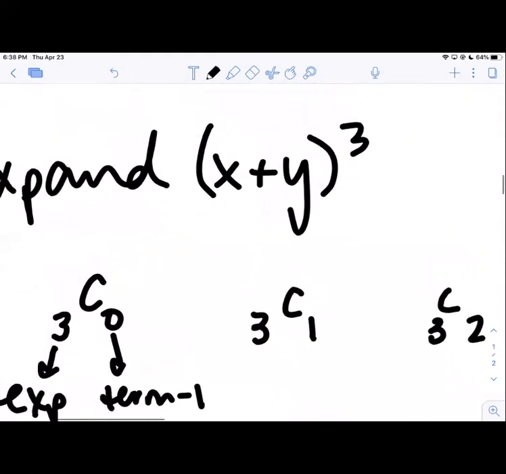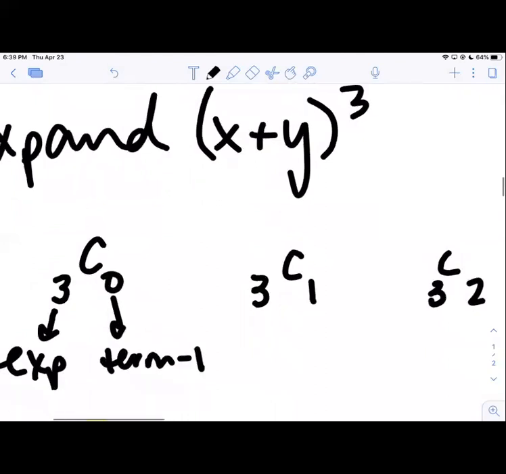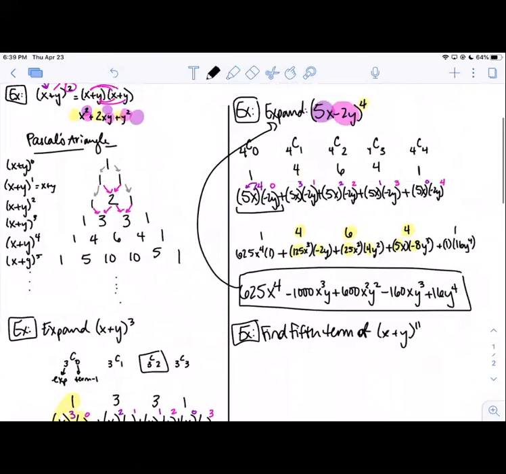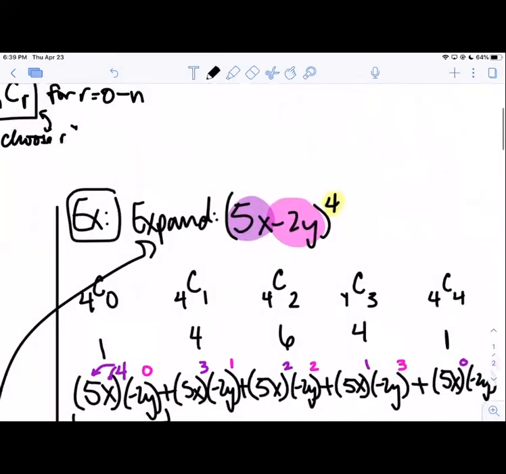So like if I said on this one, find me the third term, we would do term minus one. So I would do this choose number. Same thing on the one we did before. If I said find the fifth term here, we would do 5 minus 1, which would be this guy. So you do the exponent that's given to you, it should match up, and then the term number minus 1 is your r. So n choose r, exponent, choose, term minus 1.